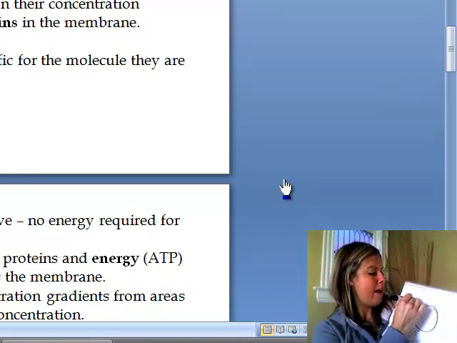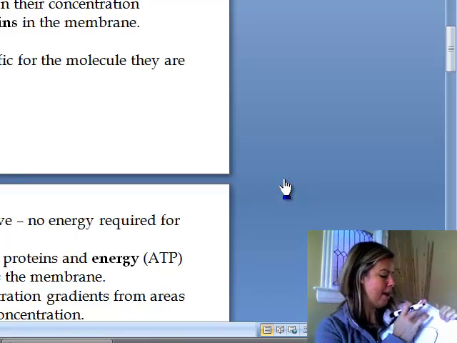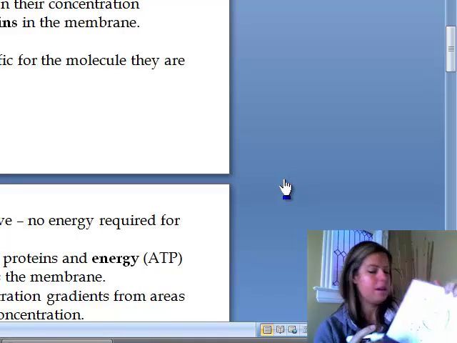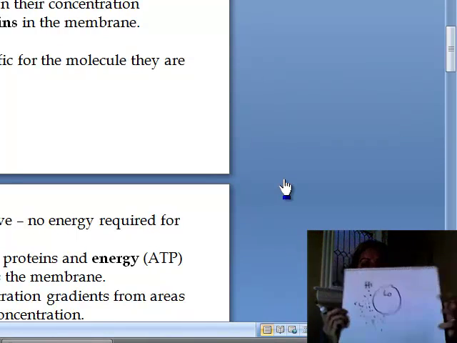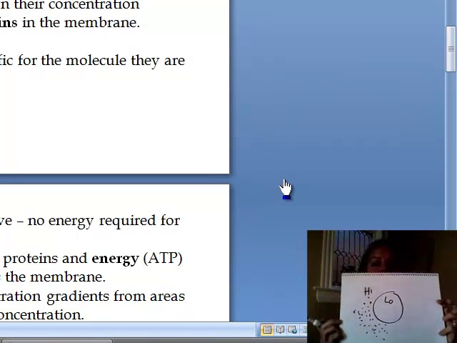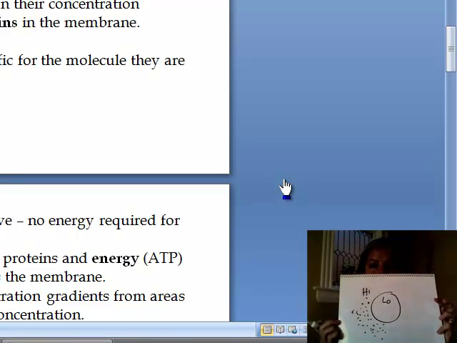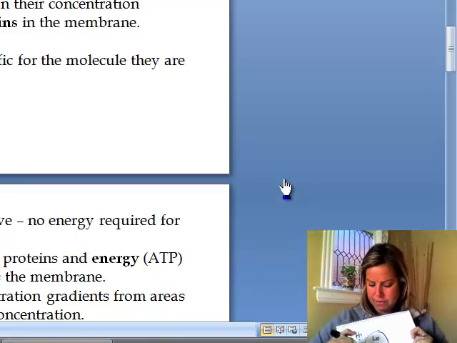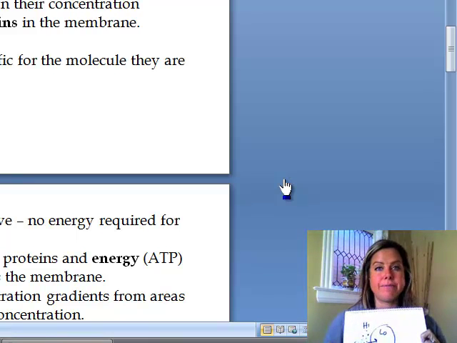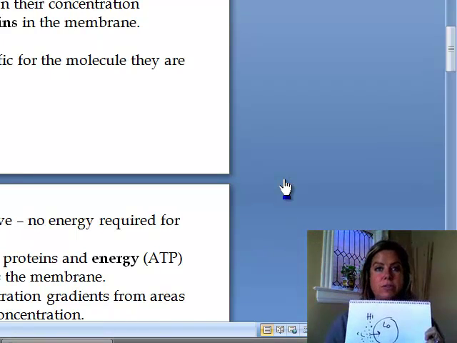So we can say that we have, wow, that's bad writing. We've got a high concentration outside the cell and a low concentration inside. What's the natural flow that these are going to do? Hopefully you're thinking that they're going to go into the cell, right? So that's going to be diffusion.